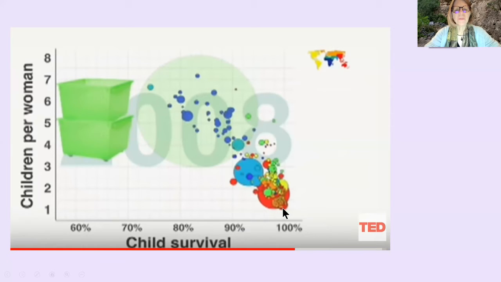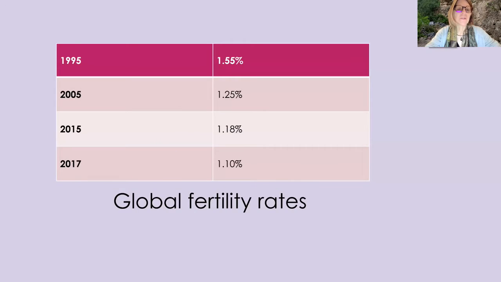As healthcare improves, as child survival increases, the size of the families goes way down. We've still got these poorest 2 billion with big families. A lot of their kids don't survive, but everybody else, the number of kids in the family has really decreased as the number of kids that survive increases.